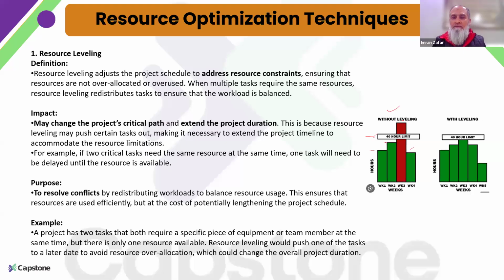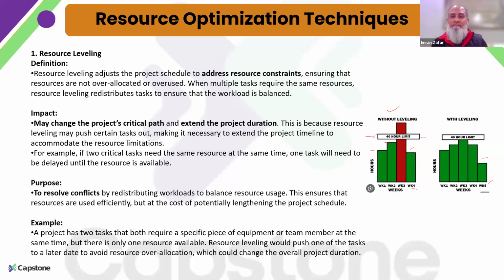In this scenario, the schedule that I have prepared will not work. It will not be allowed. So I need to respect that 40-hour limit. Once I level the resources based on this limitation, it will increase my schedule. Rather than completing in 4 weeks, it is going to week 5.